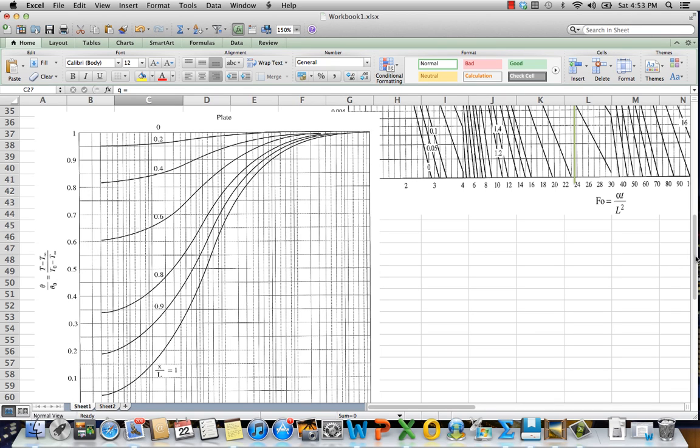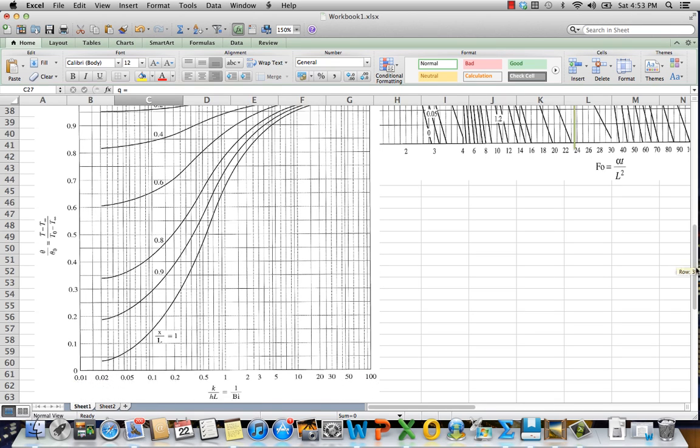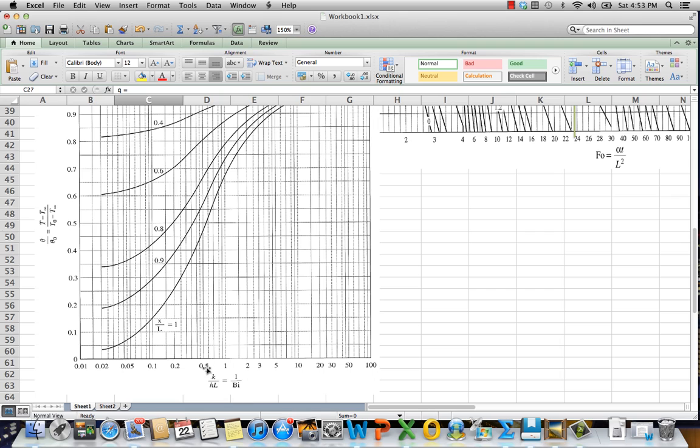Okay. Now in this case, what I've got is quantities of 1 over the Biot number down here, and I have various curves for x over L, and then I have the temperature ratio for the temperature at any point divided by the temperature at the center. In this case, I know 1 over the Biot number because that's the same value as I had before.